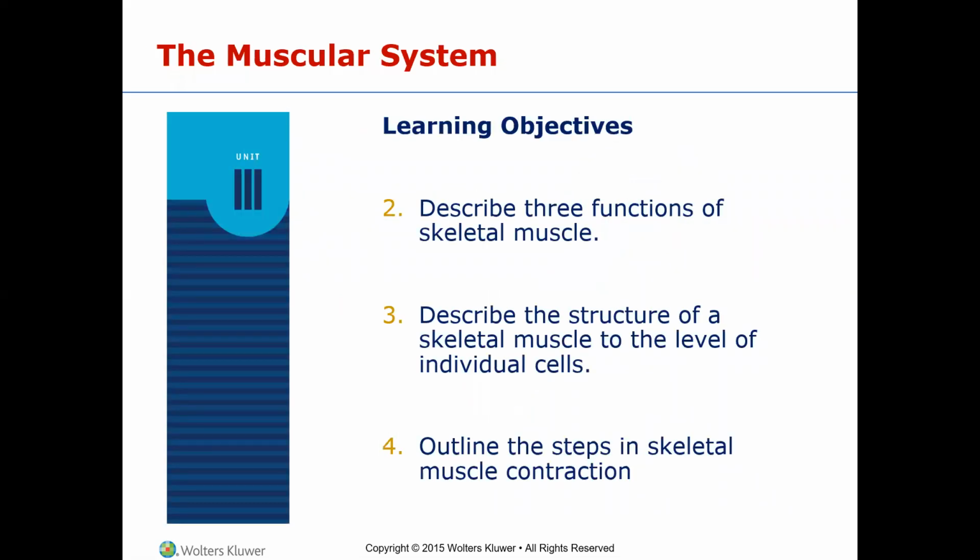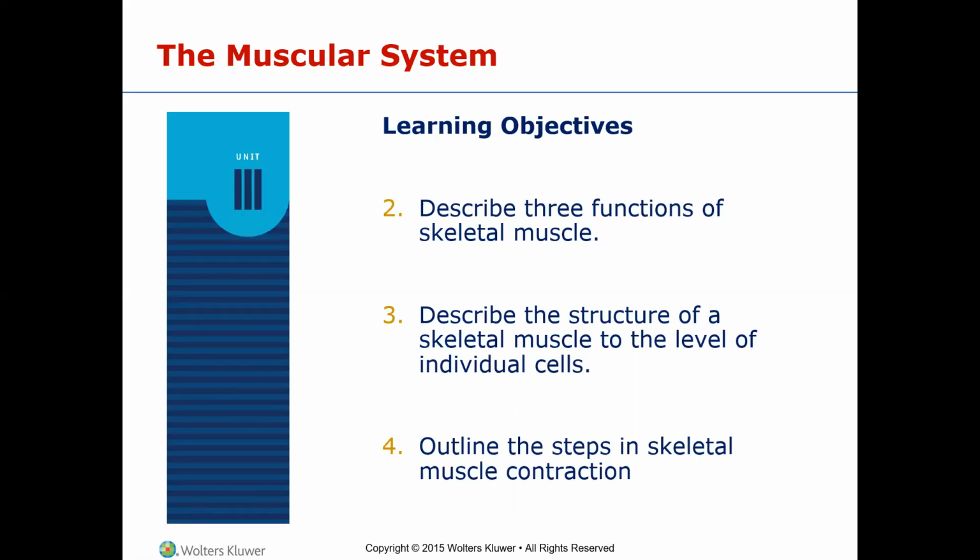And then moving on, what are the three functions of the skeletal muscle? And looking at the structure of the skeletal muscle down to the individual cells is another objective that we'll cover here. And then also the steps in a muscle contraction.